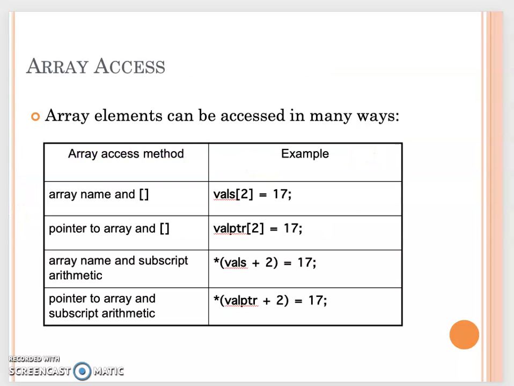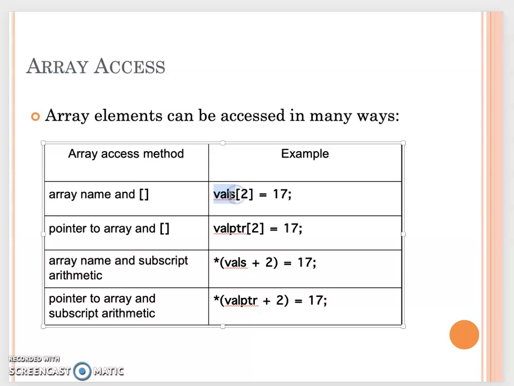So we see here, this is what we told you earlier. If we have an array named vals, we can use the square bracket to access elements from 0 to size minus 1, one by one, so we can assign the values.